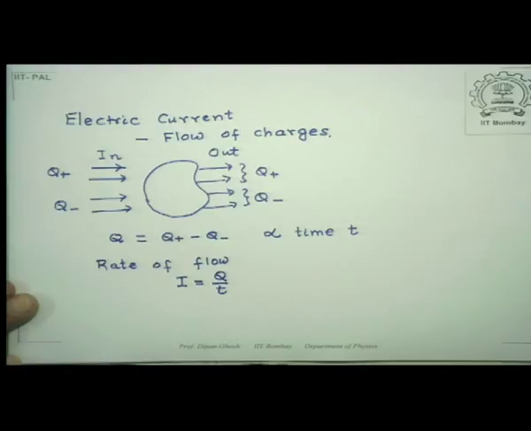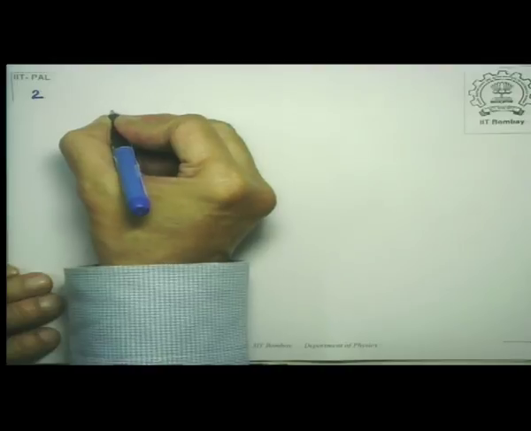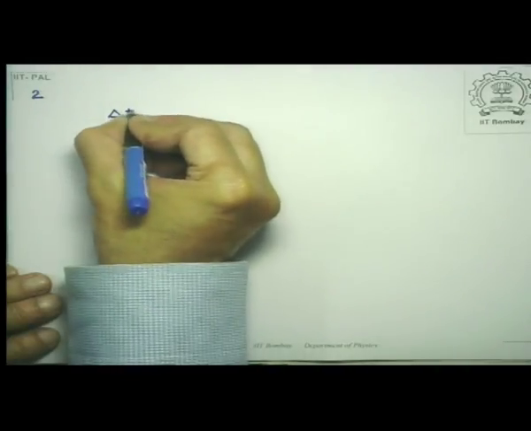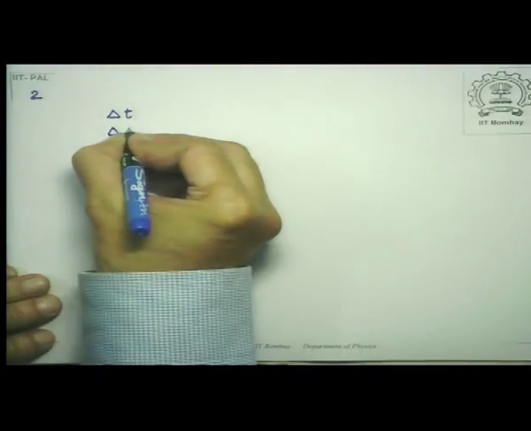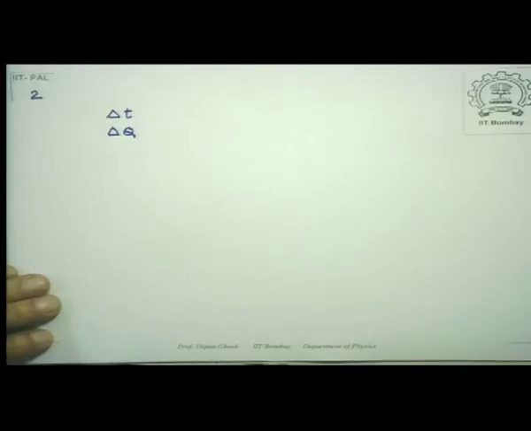Then I would take the formal definition in a slightly different way, and I will say that take a small time interval delta t, during which the amount of charge that flows through that surface that I talked about is delta q.